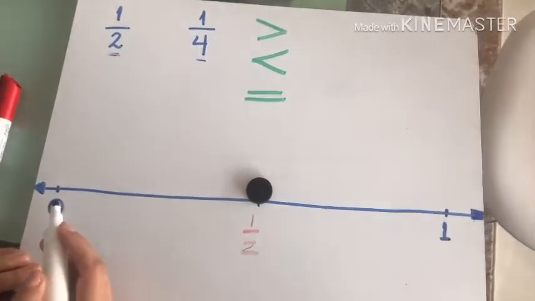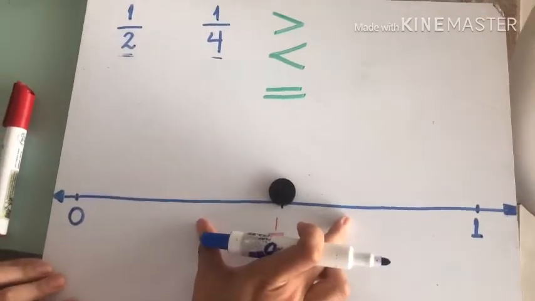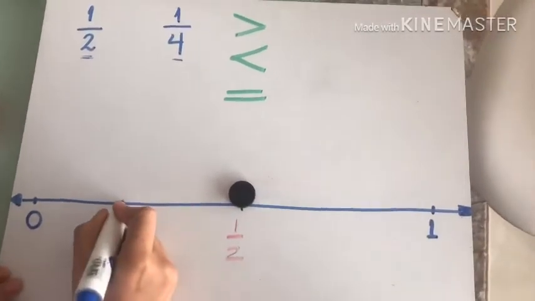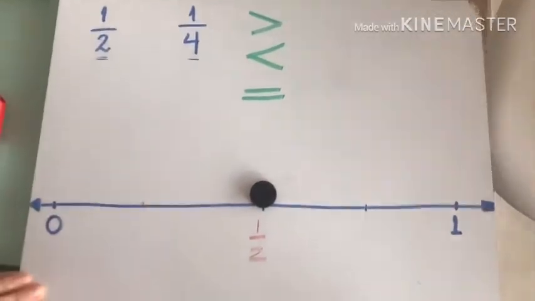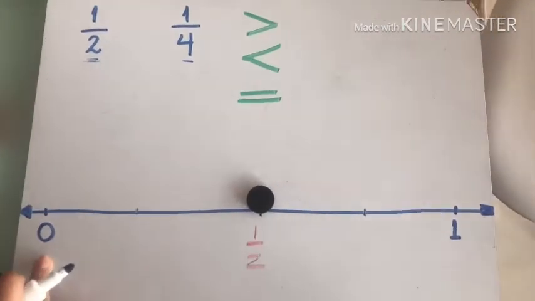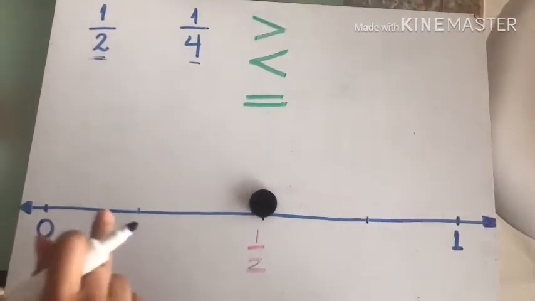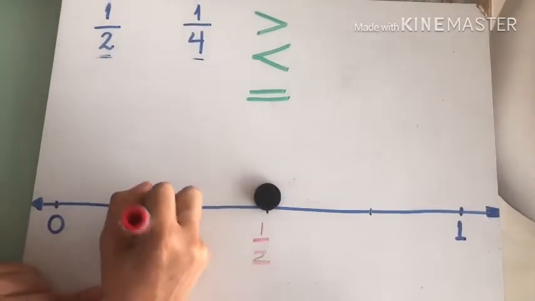1/4 means that I'm cutting my whole into 4 parts, but I only have 2 here, so I have to add 2 extra parts, okay? And then I have to try to find a place where the 1/4 will go. If I count by fourths now, 0/4, 1/4, so my 1/4 will go right here.